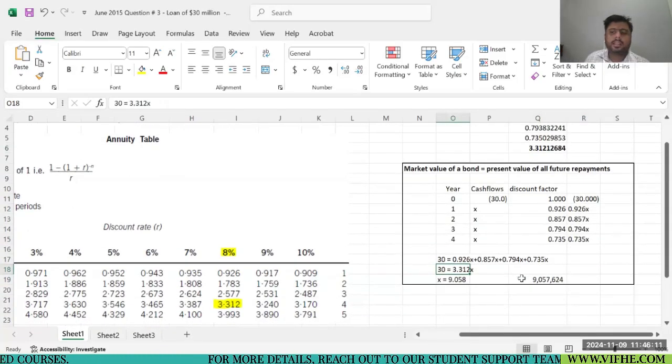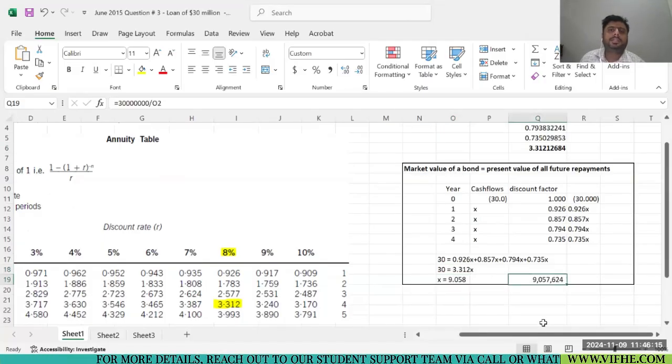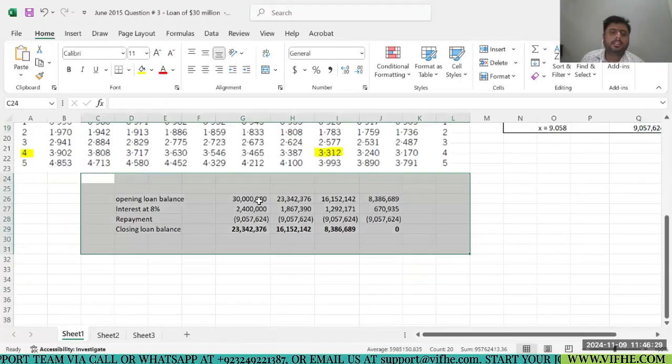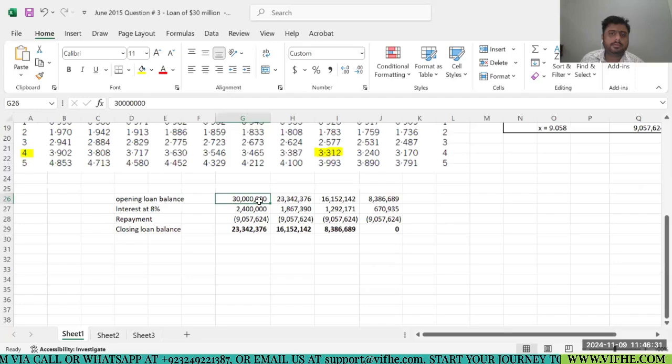So this X gives you the amount of annual repayments that are being made, and you must know that this includes interest and principal as well. Now I have made a small chart. The loan amount was 30 million. At 8%, interest is 2.4 million.